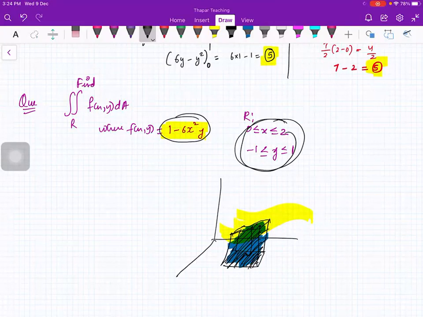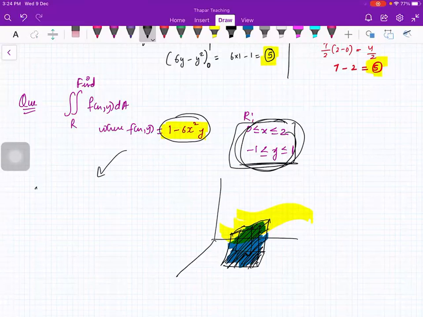Now, it's your choice, because the region is rectangular. It is very important, in the next class we will see that if the region is not rectangular, then you cannot integrate with respect to x or with respect to y with your own choice. Then you have to see what to do.